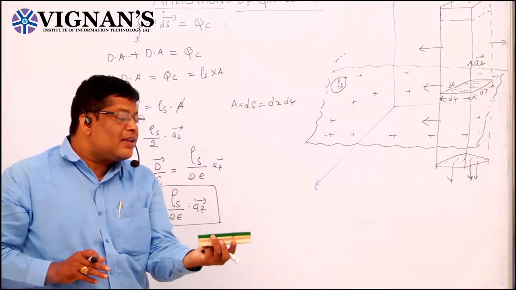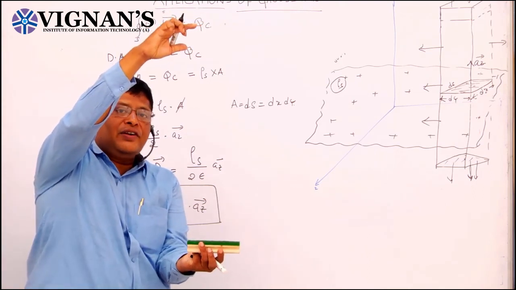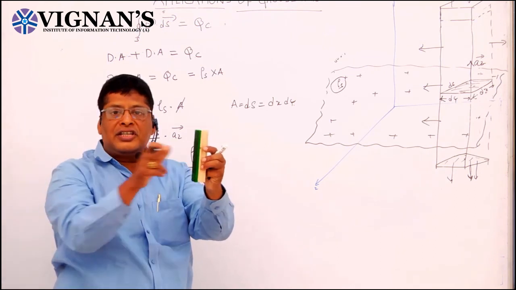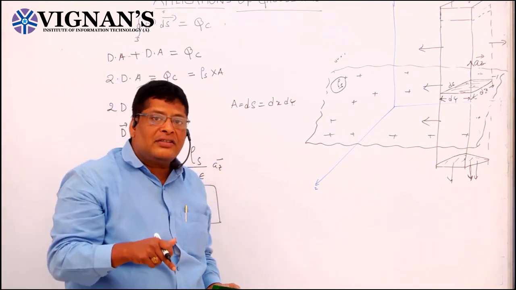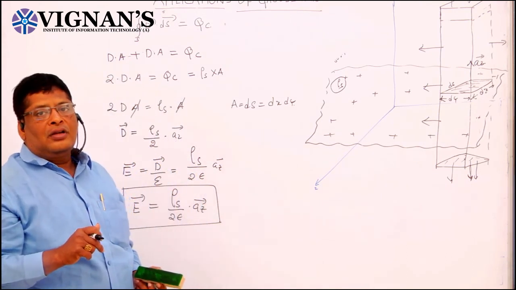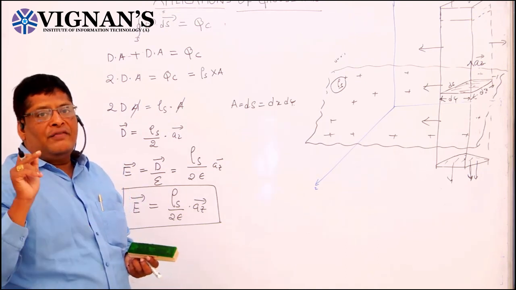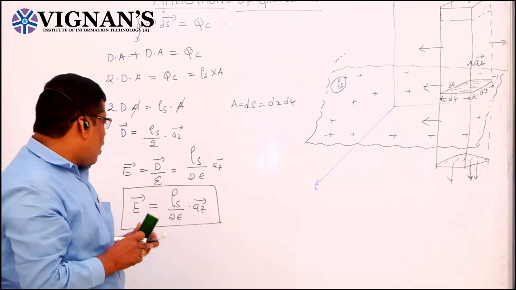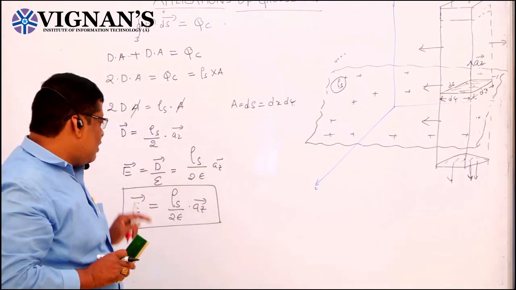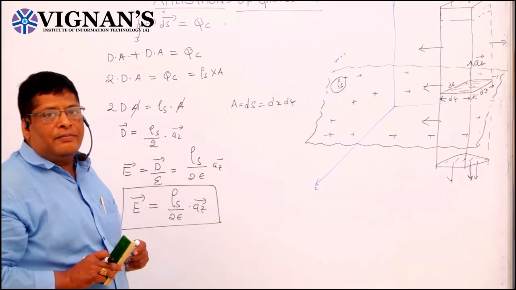Suppose you place the sheet in this manner, the electric field intensity is always perpendicular to the infinite sheet. These are the two points we have to understand from this equation: E bar equals rho s by 2 epsilon Az bar. Thank you.